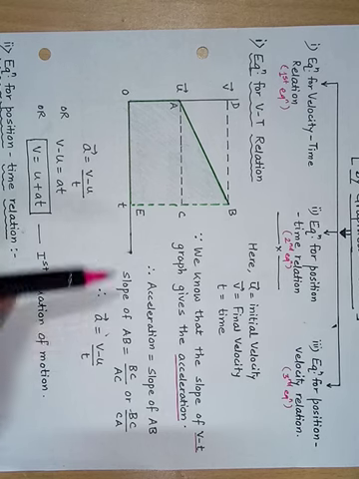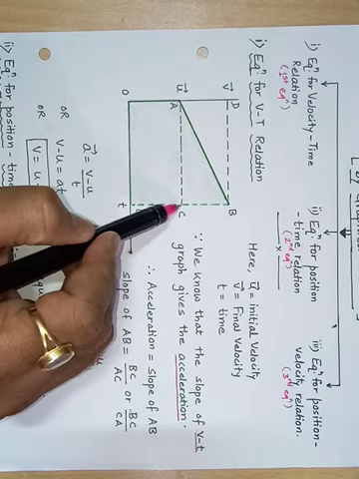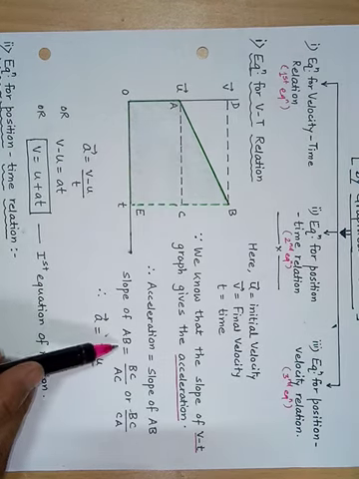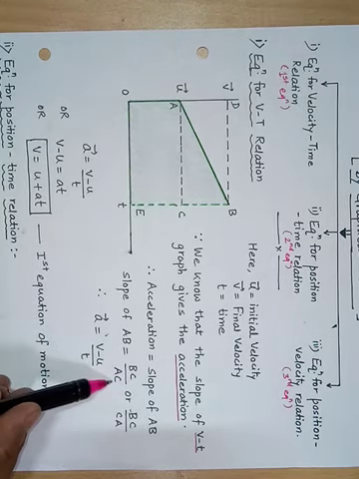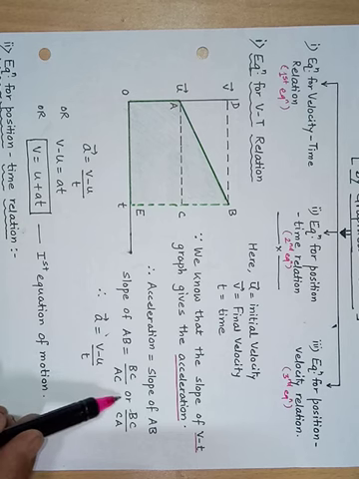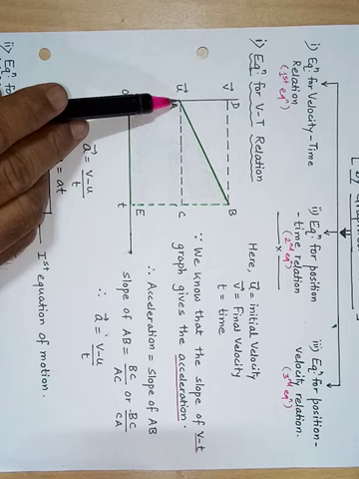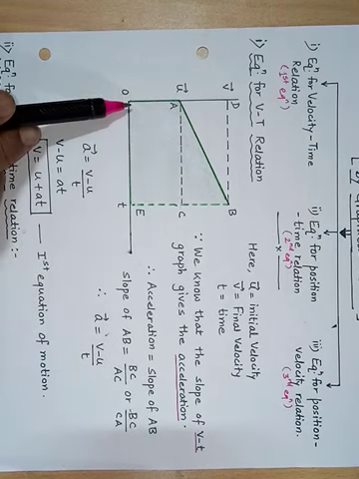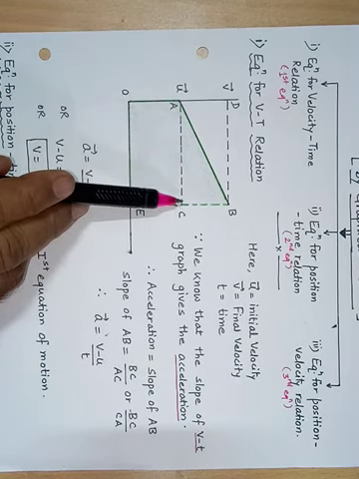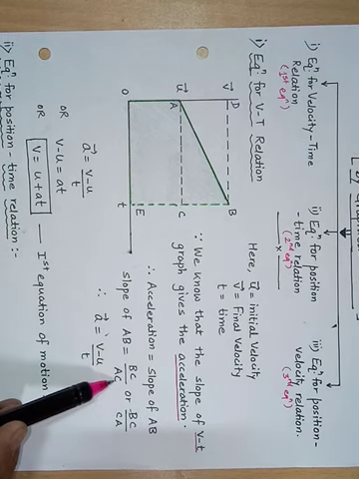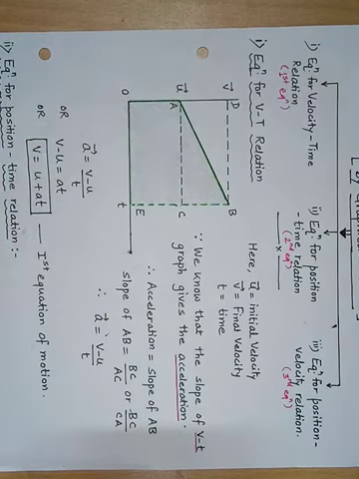Slope of AB will be nothing but segment BC divided by segment AC. So I have written here slope of AB is equal to BC divided by AC, or in other words BC divided by CA, which is nothing but the slope of this line.